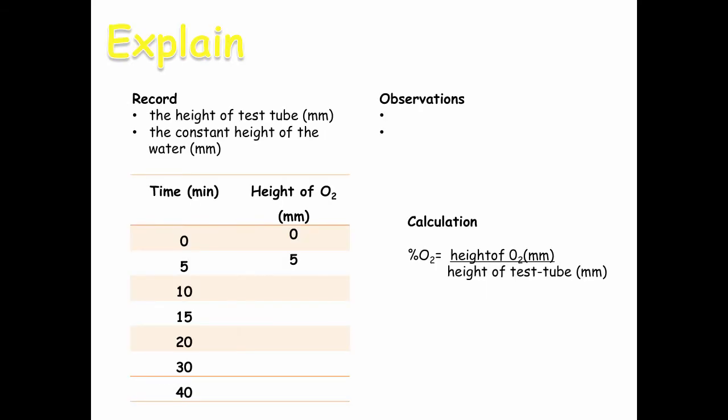You will then record the height of the bubble every 5 minutes for 40 minutes. You will record observations, and at the end of the experiment you will be able to make a calculation of the percentage of oxygen in the air. You can make a prediction now. What percentage of air do you think will be oxygen?